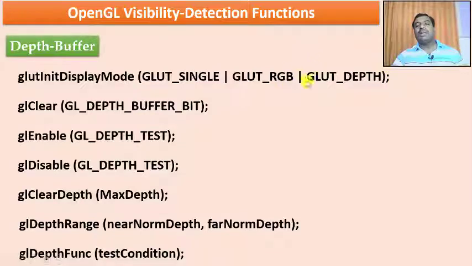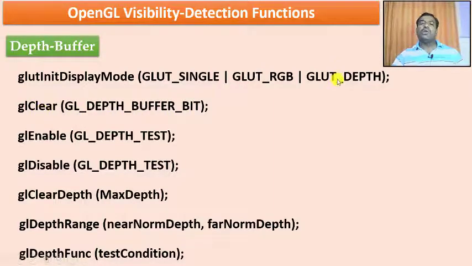I need to enable the depth buffer. Once you make sure you are setting in the program that you need to have a depth buffer, we are going to clear the depth buffer now. We need to clear the previous content of the depth buffer using glClear.